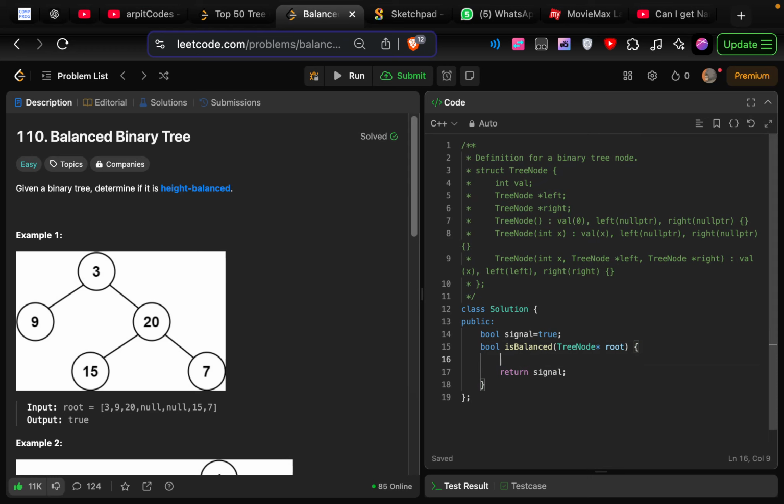If root does not exist, simply return true, and the helper function, or rather height function, would give me the answer that I need.